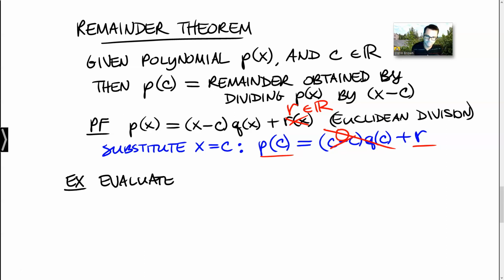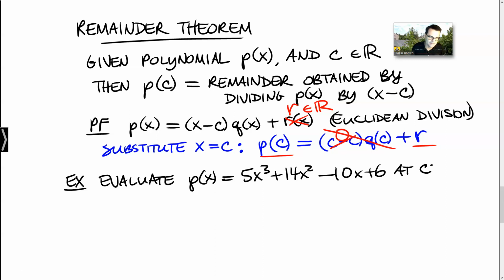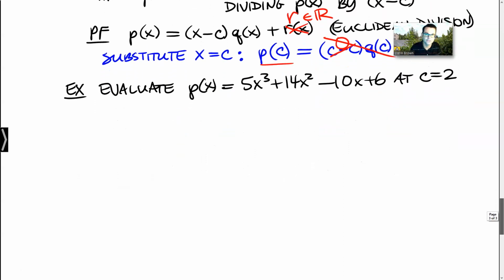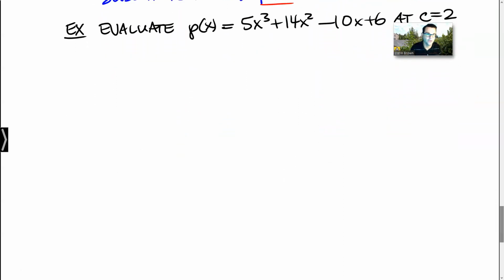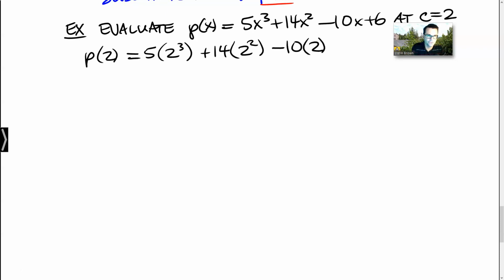Evaluate p of x equal to, let's say, 5x cubed plus 14x squared minus 10x plus 6 at c equals 2. Now, of course, we could evaluate this the long way, right? We could just say p of 2 is equal to 5 times 2 cubed plus 14 times 2 squared minus 10 times 2 plus 6.